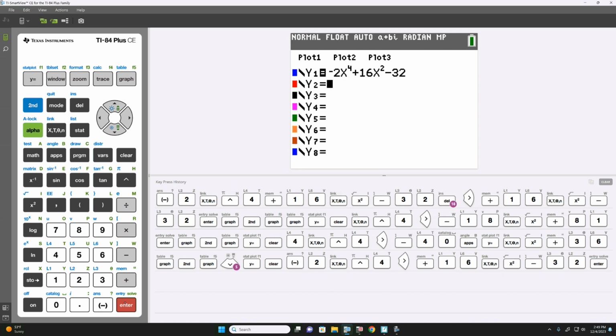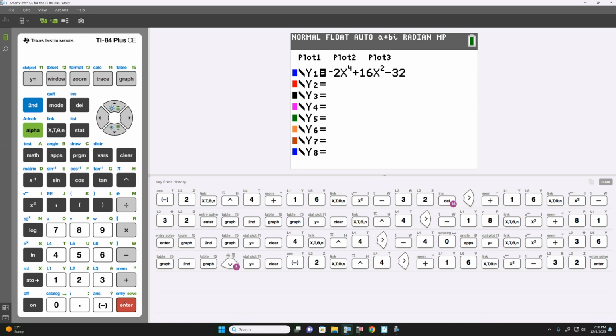Is everybody able to type the function in? Once you get it typed in, hit graph. Got it typed in.